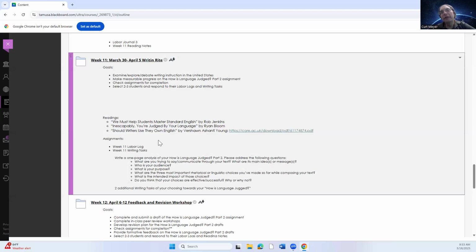However, there is the reality of the socio-political climate that we live in. There is the reality of to what degree one's ability to code switch into different modes of writing and speaking affects how solvent that makes one in the workforce, right?